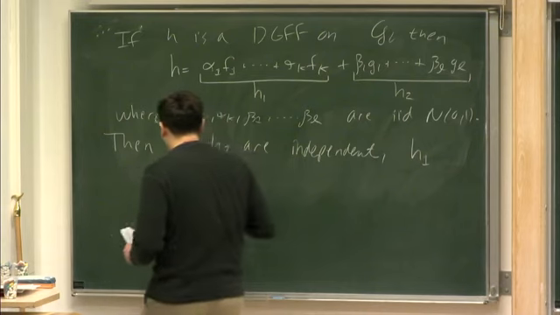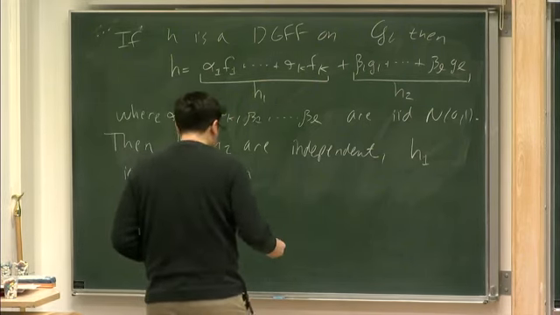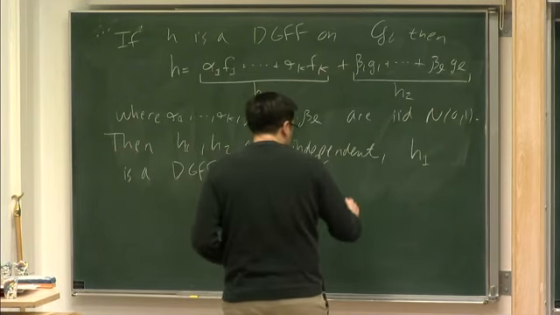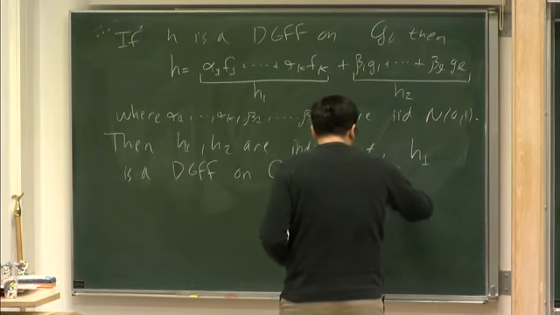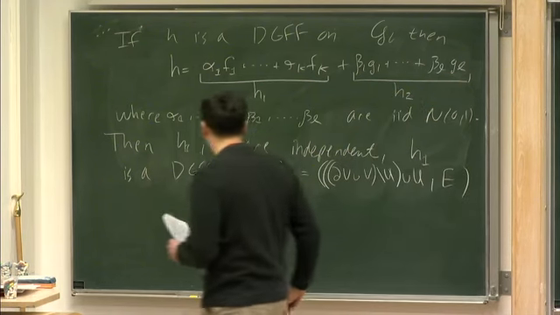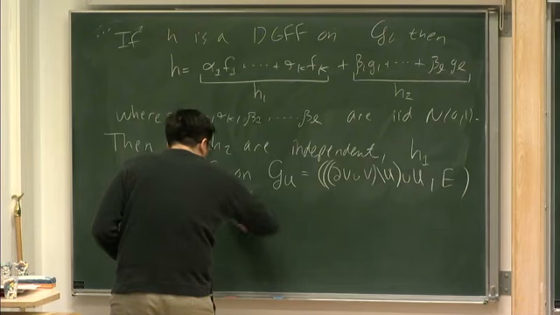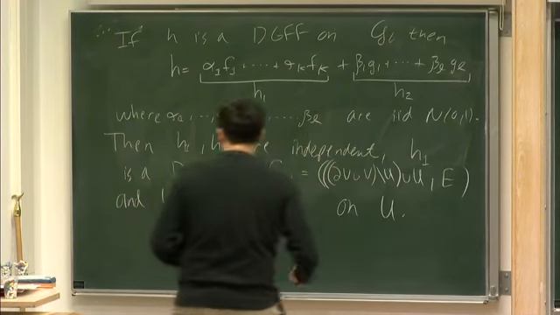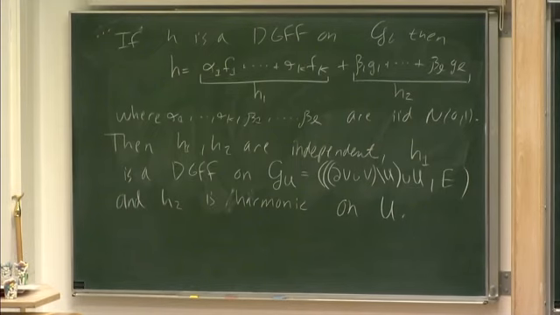And H1 is just a discrete Gaussian free field on the subgraph which is formed by taking its boundary vertices to be given by all of the vertices in the graph which are not in U, and taking its interior vertices to be those that are in U. Okay, and also H2 is harmonic on U. Okay, and this statement here basically is the Markov property for the discrete Gaussian free field.